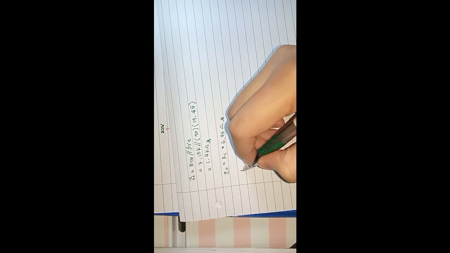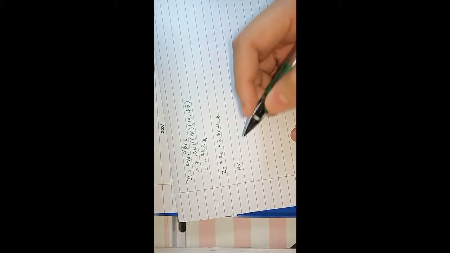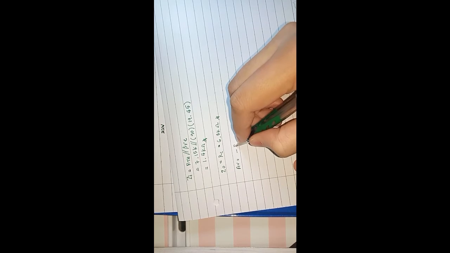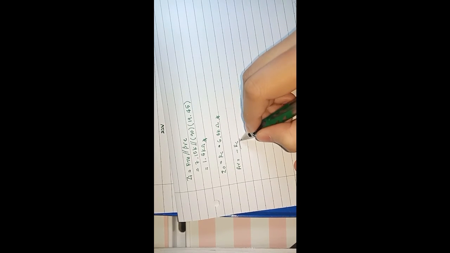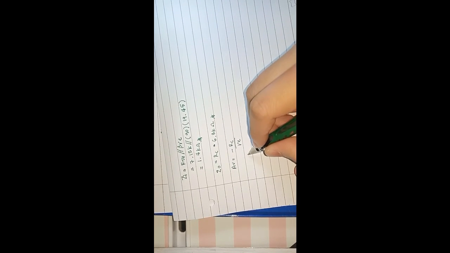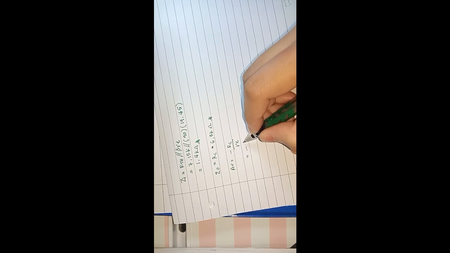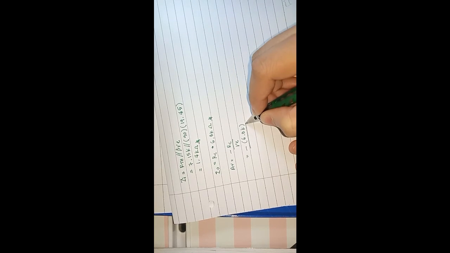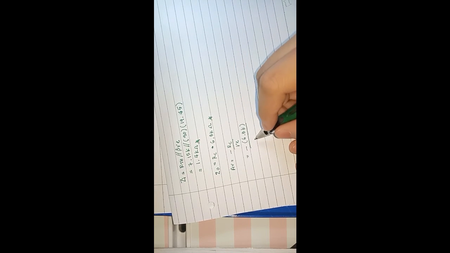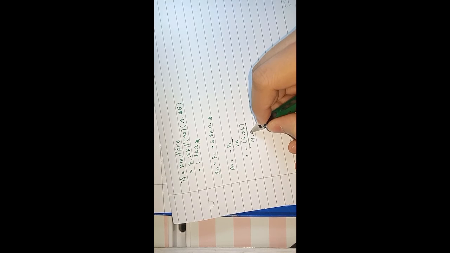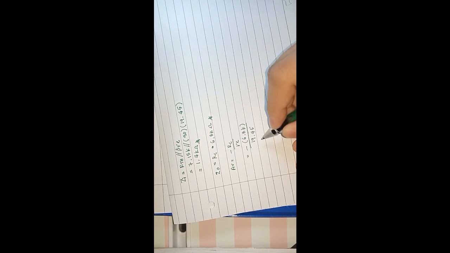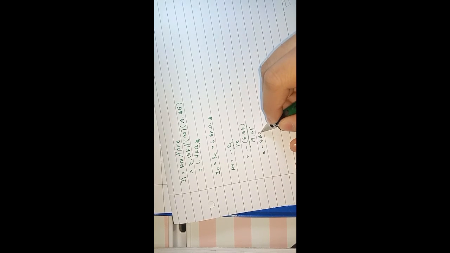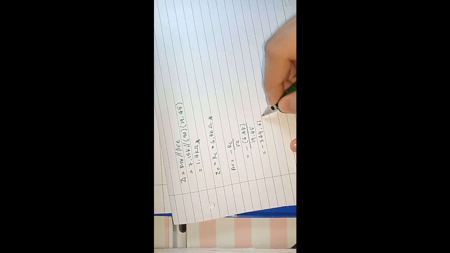And the last one is to find the value of AV, which is the voltage gain, which is negative RC over RE. So negative RC, 6.8 kilo, over RE that we just got, and the voltage gain is negative 349.61.